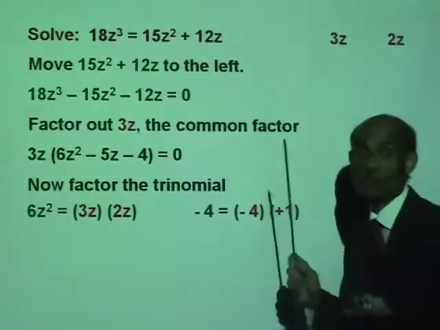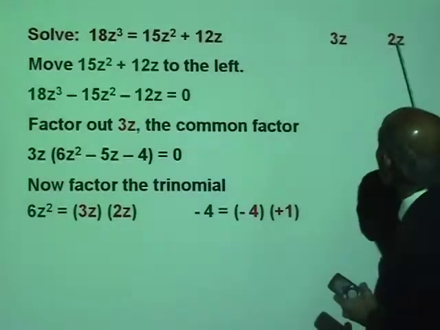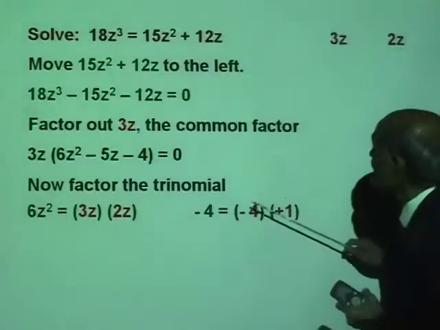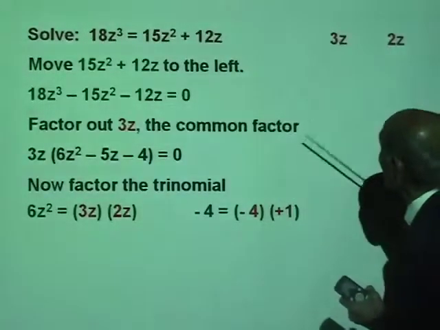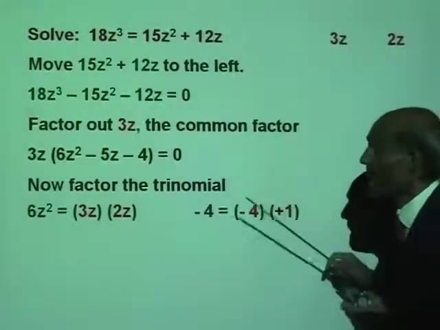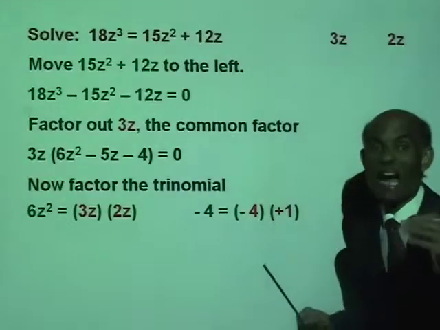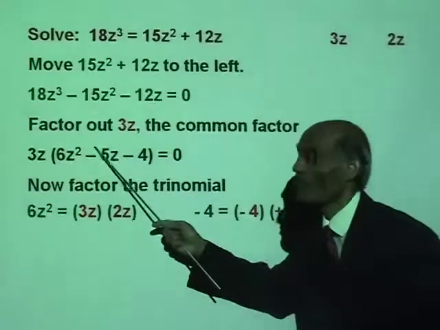Look at the way I'm going to think about it. Negative 4 times 2z is negative 8z, and positive 1 times 3z is positive 3z, and negative 8z added to positive 3z gives me a negative 5z.